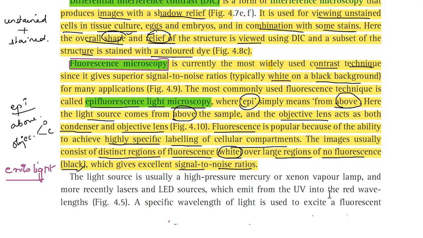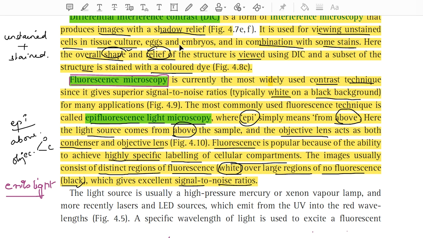These microscopes produce an image from the light that passes through the specimen. So if I consider that this is the specimen, say for example a few molecules which absorb the light.